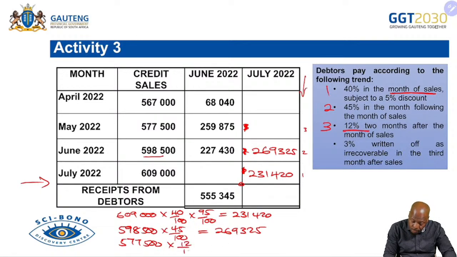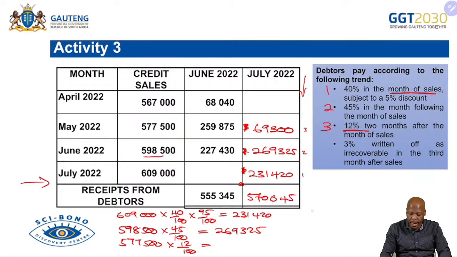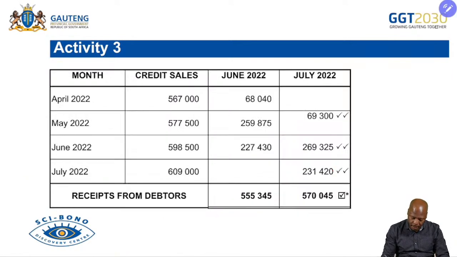Multiply by 12 over 100. How much do you guys get? Punch that in the calculator, please. Thank you. 69,300. I can then add everything up, and then I end up with 570,045. All right, let's quickly go on to the next aspect.